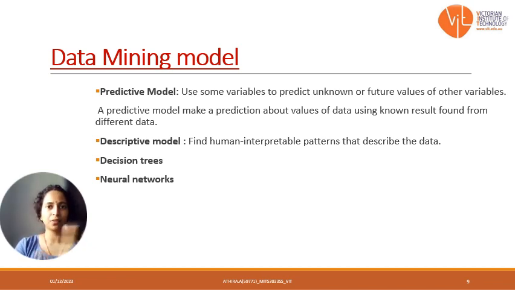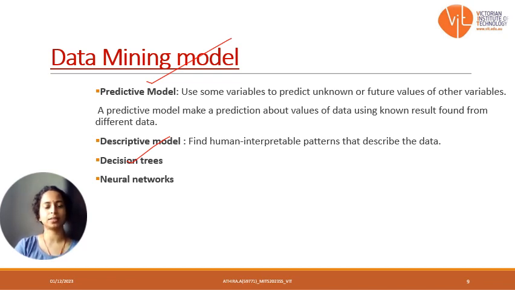So we are predicting the behavior of human beings. That is the descriptive model. In the predictive model, with some values we are predicting future values. That means for selling pens and books, we are predicting that there is a chance of getting profit in the future.